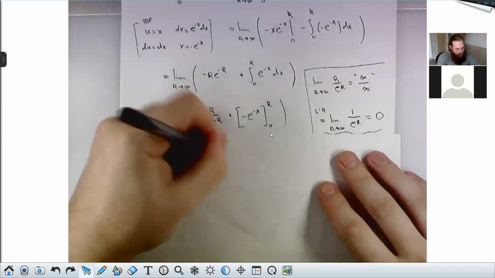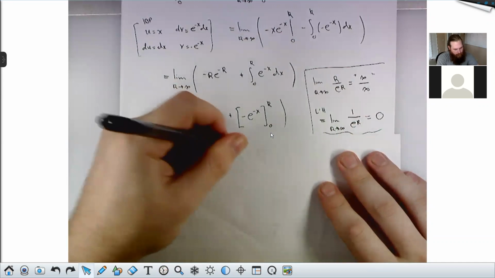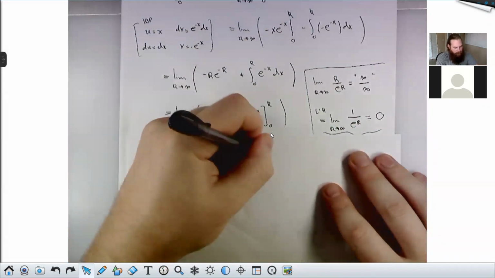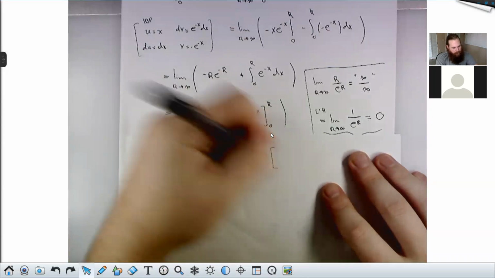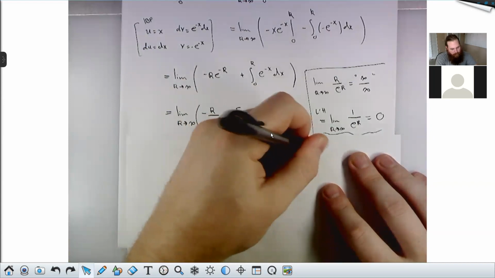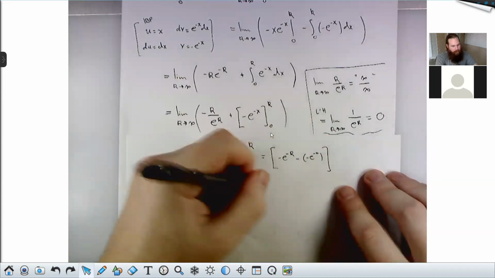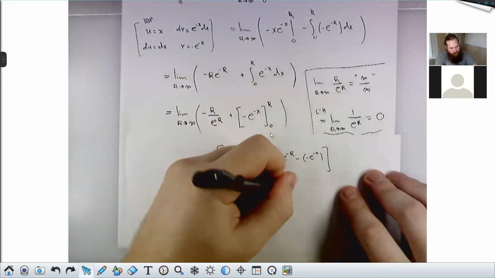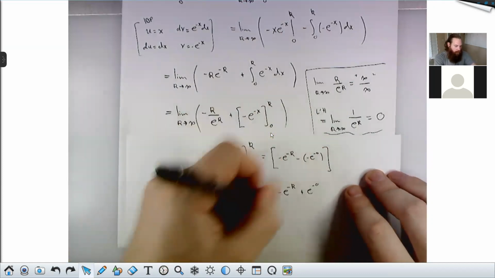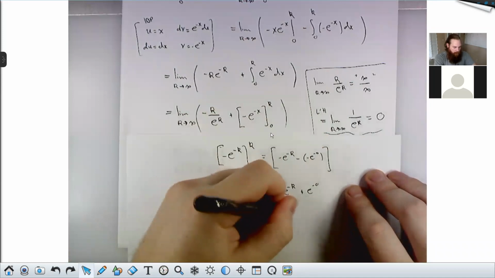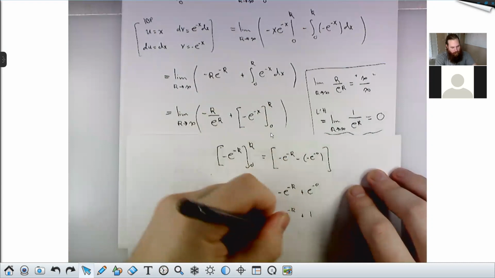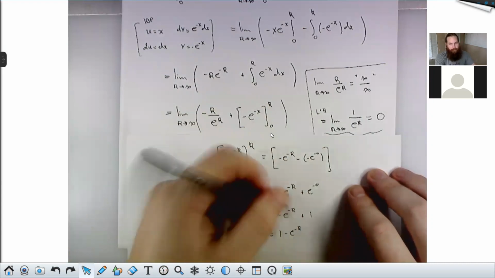So this piece, negative e to the negative r from 0 to r, that's the same as negative e to the negative r minus negative e to the negative 0, which is negative e to the negative r plus e to the negative 0, which is negative e to the negative r plus 1, or 1 minus e to the negative r.